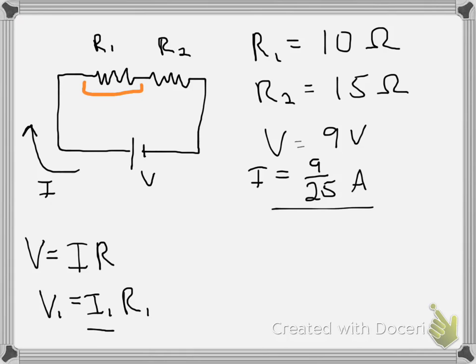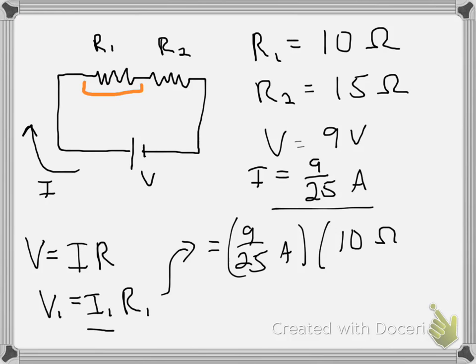So now to find the voltage drop across R1, I just plug in some numbers. This is going to be 9/25 amps times 10 ohms. You can reduce this down: 10/25 is 2/5.